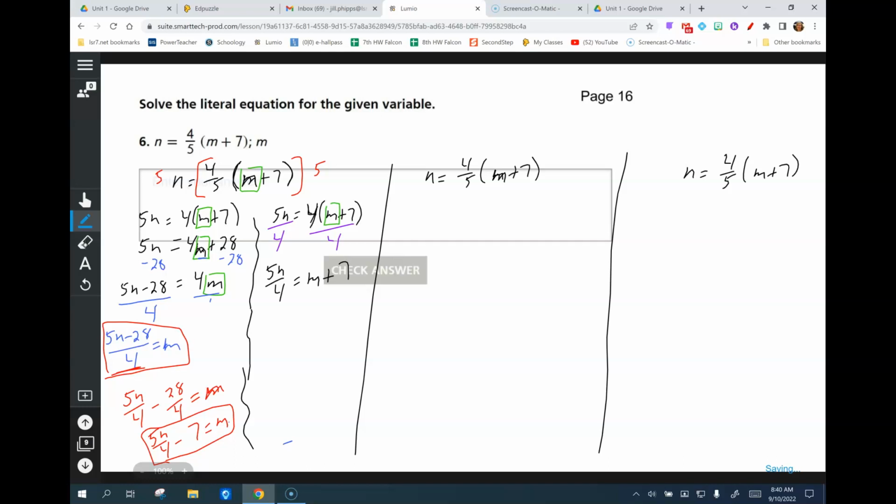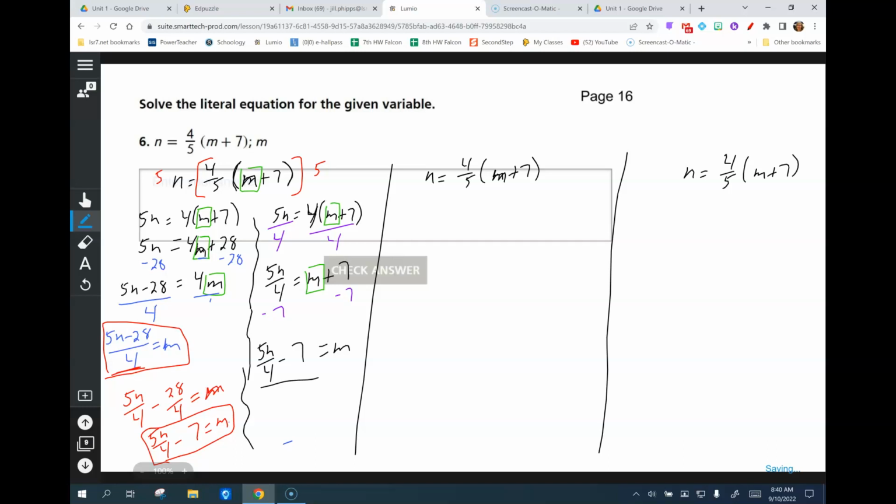Okay, so on the first side, I distributed. On the second one, I got rid of the 4 by dividing. So again, I'm solving for m, so now I need to get rid of the 7. Again, you cannot combine those. Those are not like terms, so it's just 5n over 4 minus 7 is equal to m.